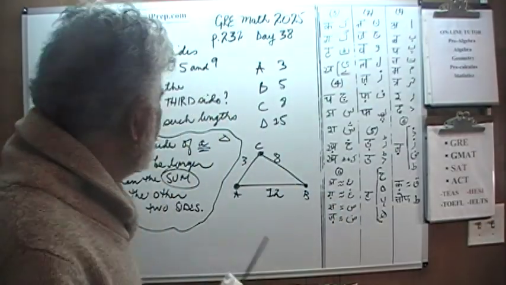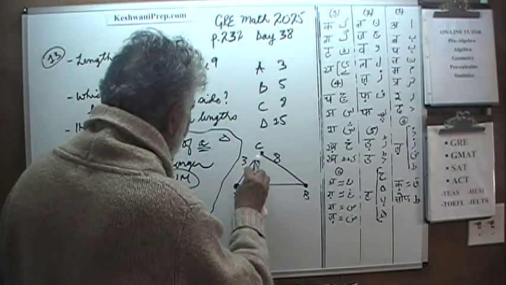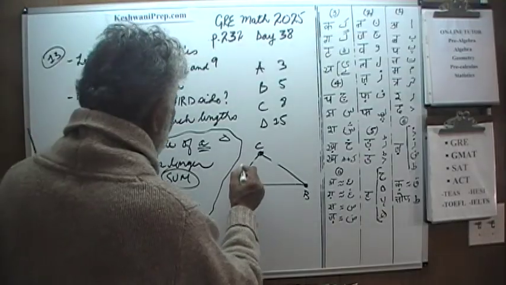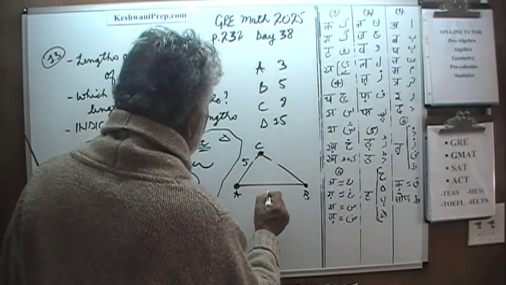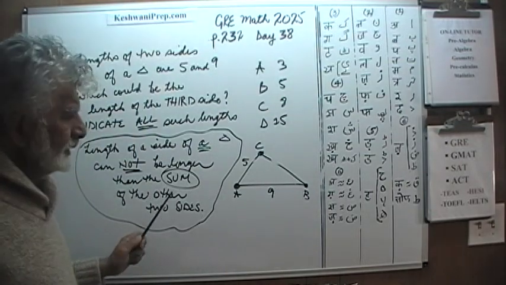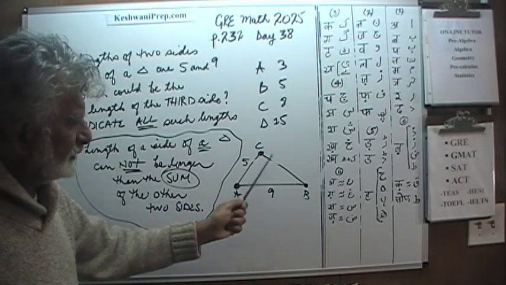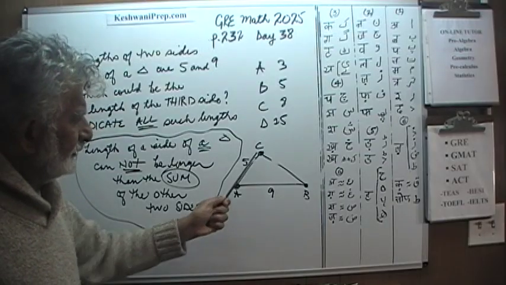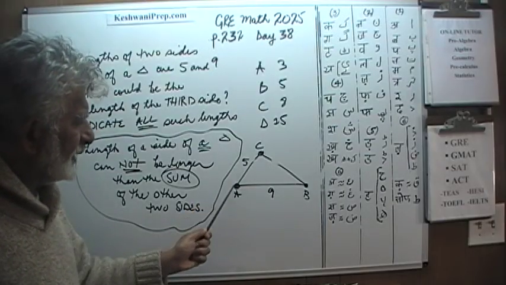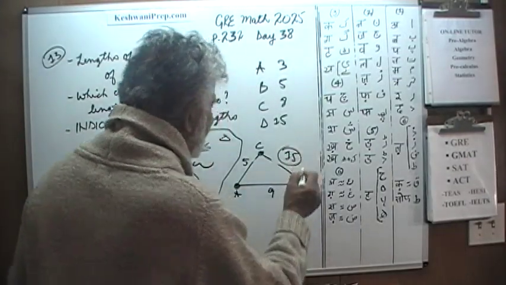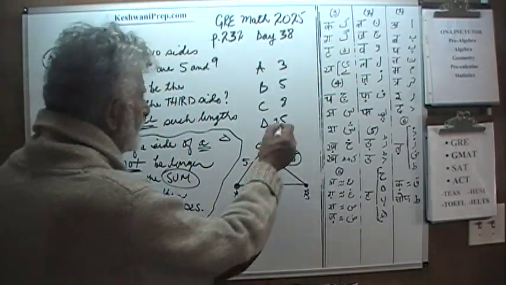Here we are told that one side is 5, the other side is 9. If I go the indirect way, from C to A is 5 miles, from A to B is 9 miles, then how can the direct route be 15? It's just not possible.